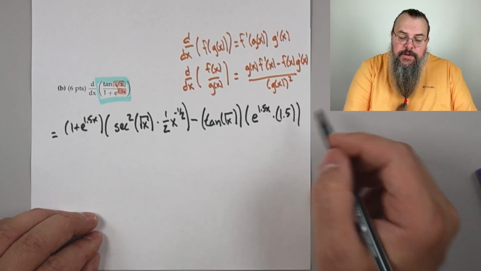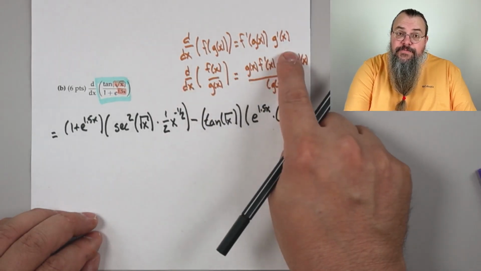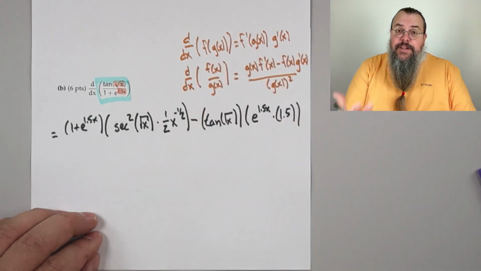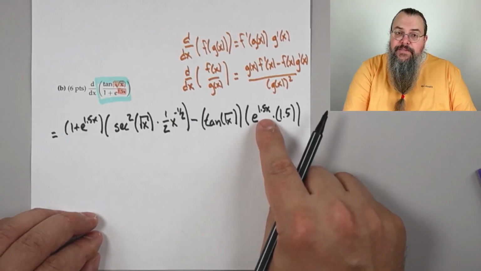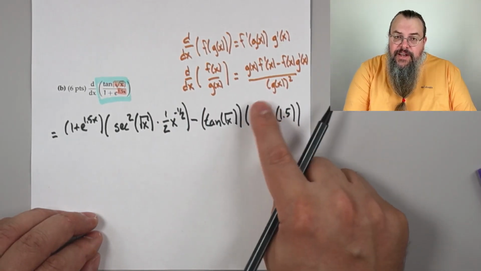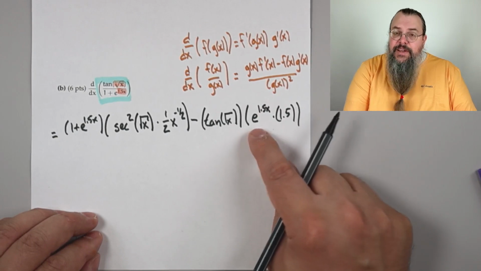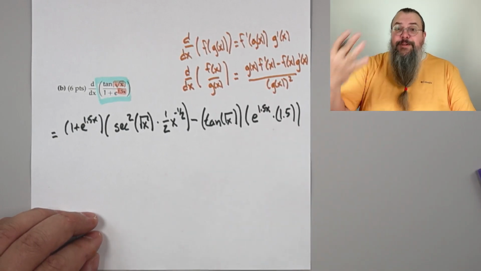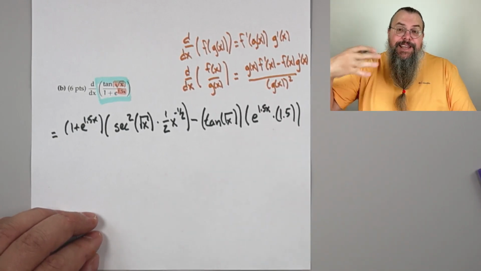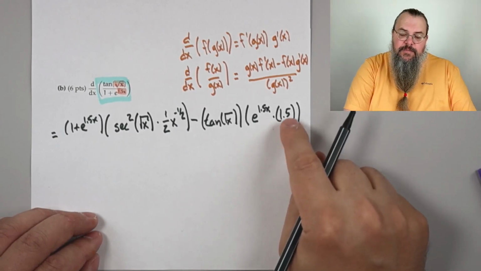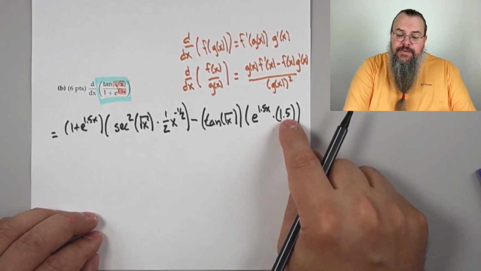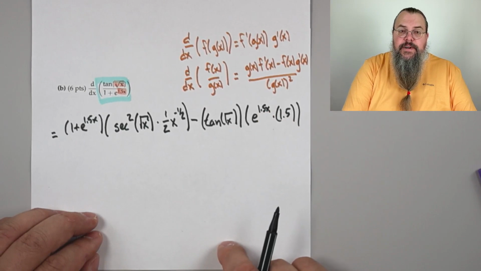Now where is this coming from? It's the chain rule. The outside function is the exponential function, the inside function is 1.5x. So the derivative of the outside is still the exponential function. That's the nice thing: whenever you have e to something, the derivative is always e to that something, then you just have to remember to multiply by the derivative of that something. The derivative of 1.5x is 1.5.